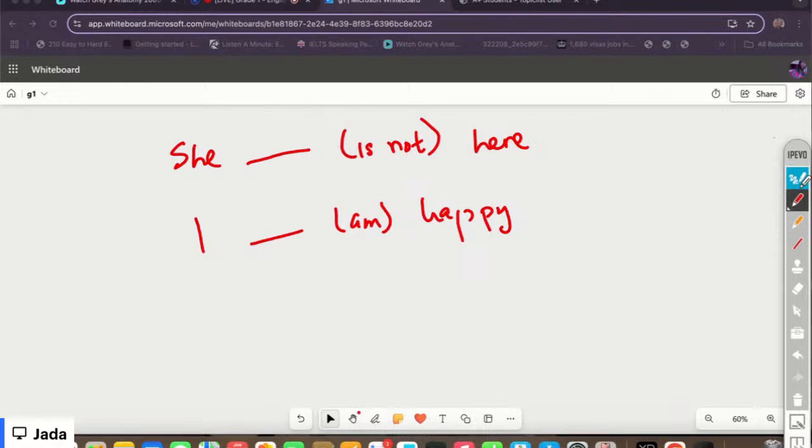Okay, so tell me, what do you think? Write them in the right contraction, these two in brackets. So you write in the right contraction.